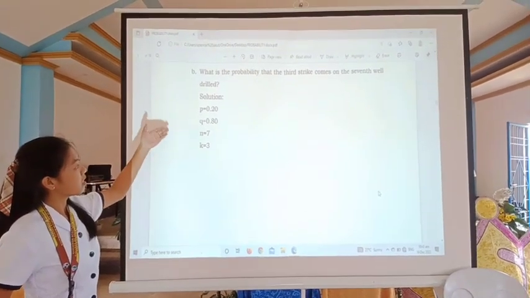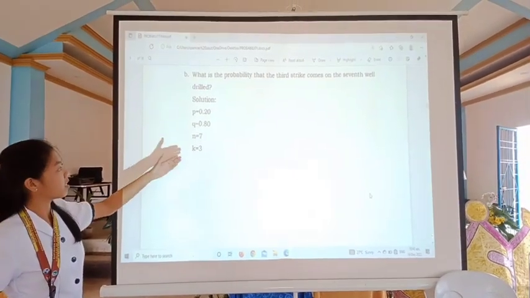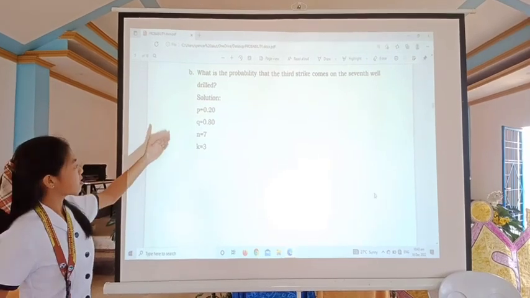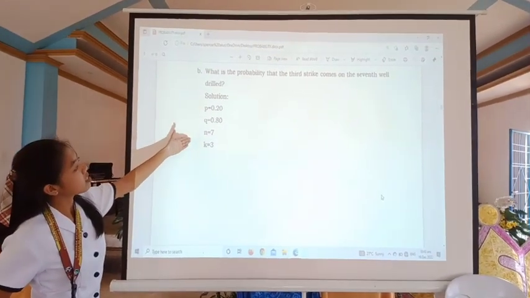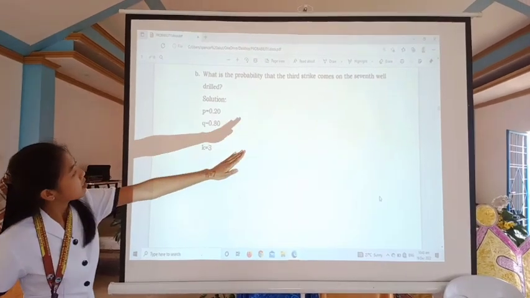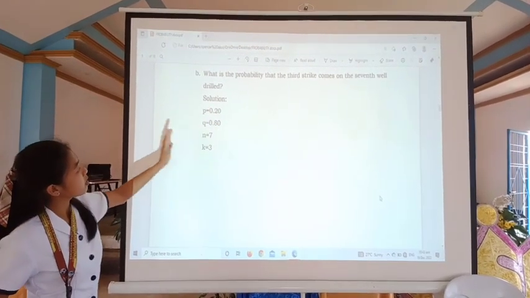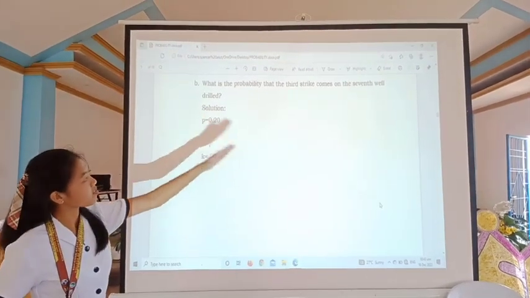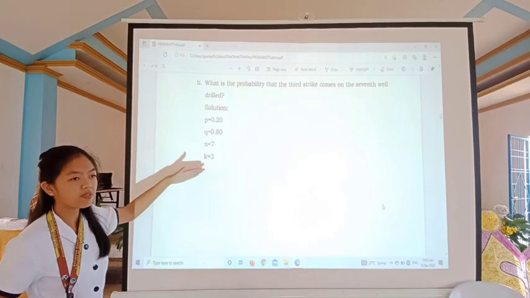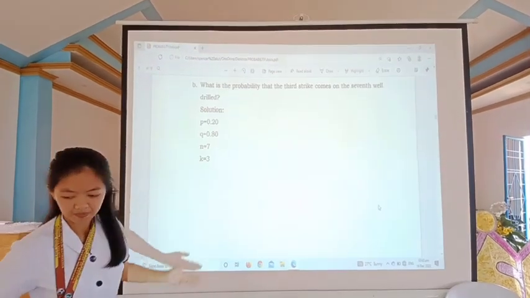P is 0.20, still Q is 0.80. What changes is the number of trials and the number of successes. N is 7, since the 7th well is drilled, so the number of trials is 7, and for the third strike, our K, or the number of successes, is 3.